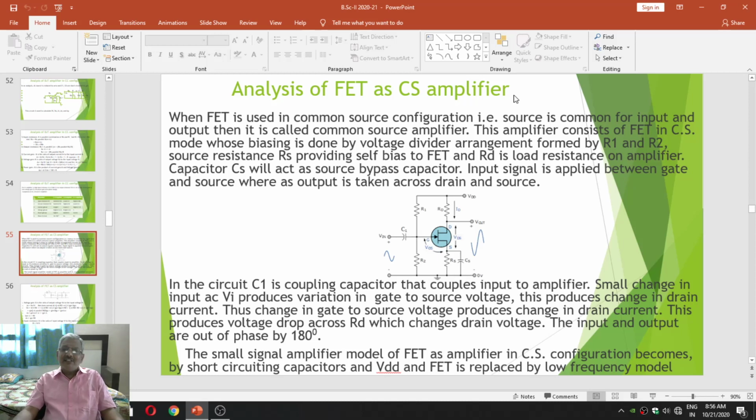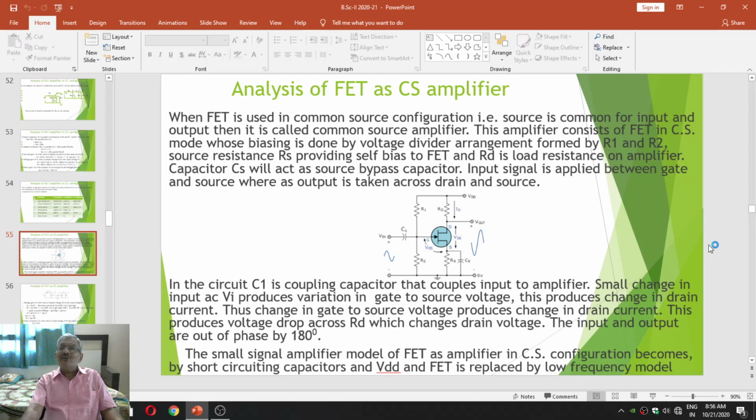We have studied that there are two types of FETs, one is a MOSFET and the second one is a junction FET. We studied the construction of the junction FET as well as the MOSFET.